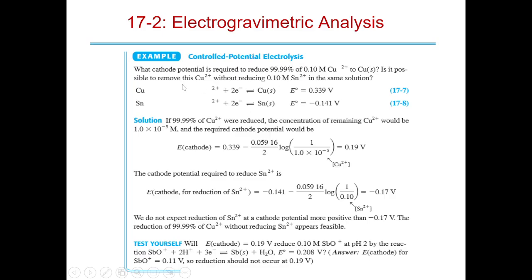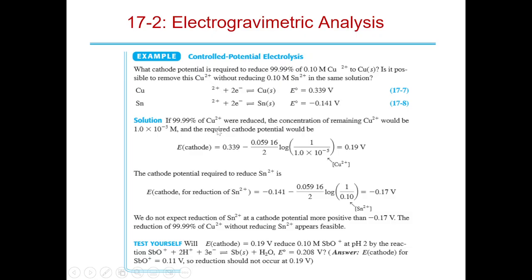So we need to go ahead and get the redox reactions for both of these. We have the copper here, we have the tin here. There we go. And we have the E0s for these. Notice they're not too similar, but they're not that far apart, right?